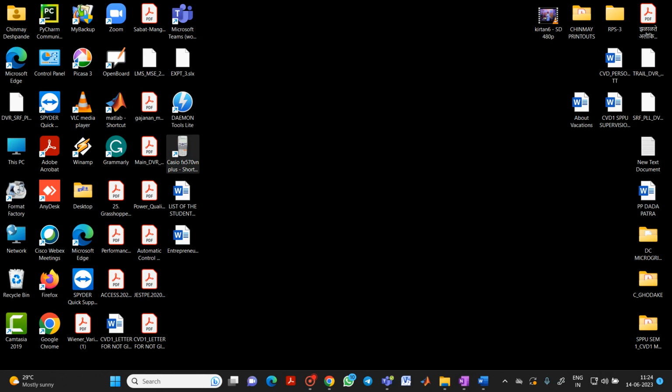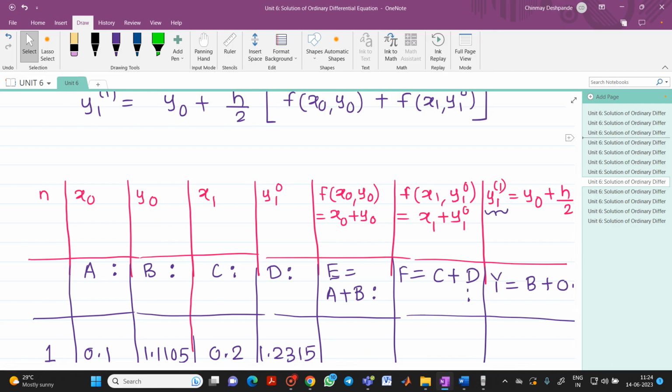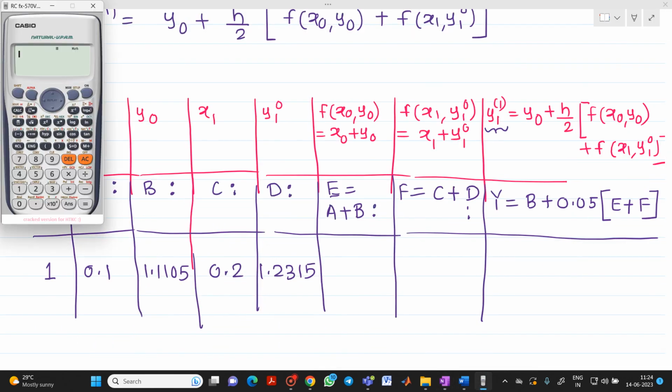Again we have to substitute all the functions in the calculator. So let's see how to do it again.